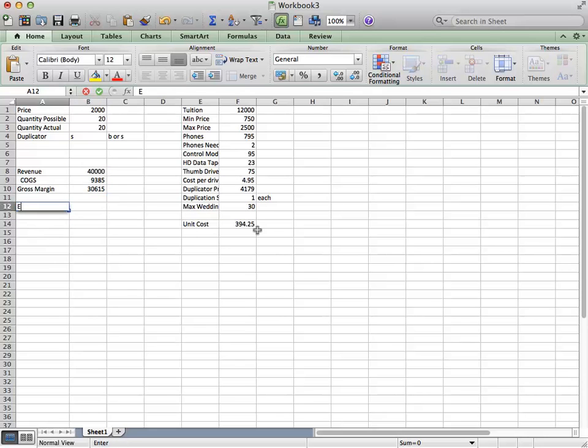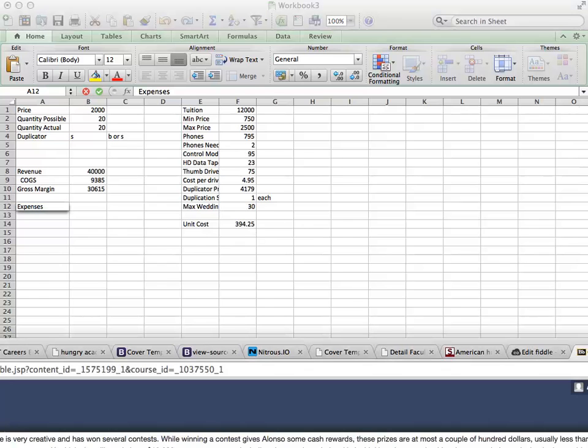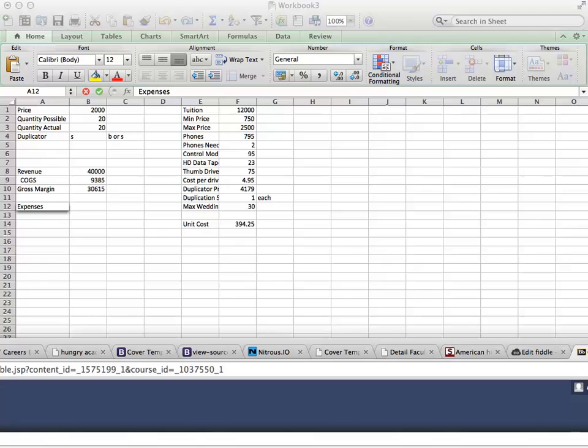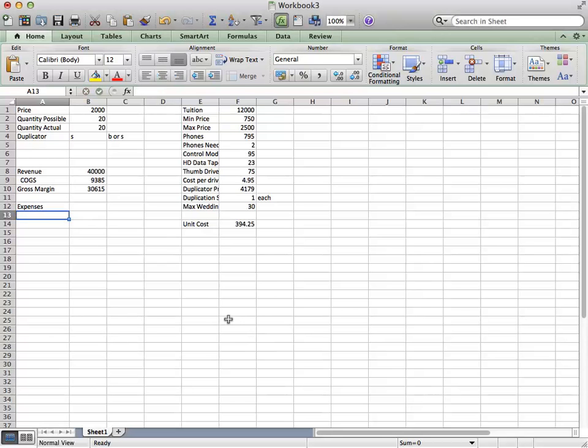And for our expenses, the only real expense that we're given in the case is the fact that he needs potentially to purchase this equipment.